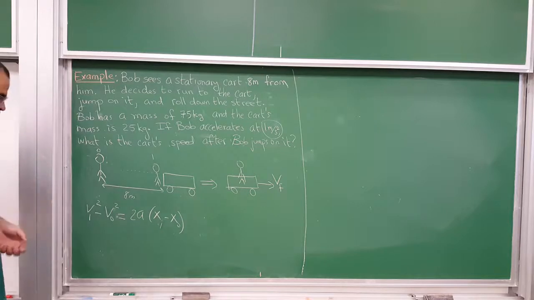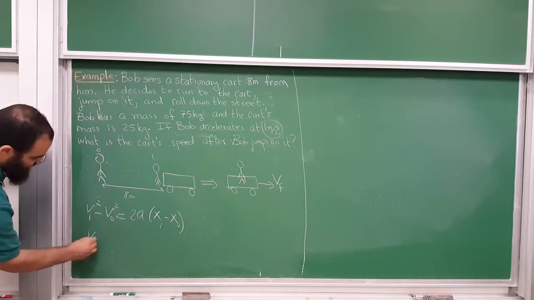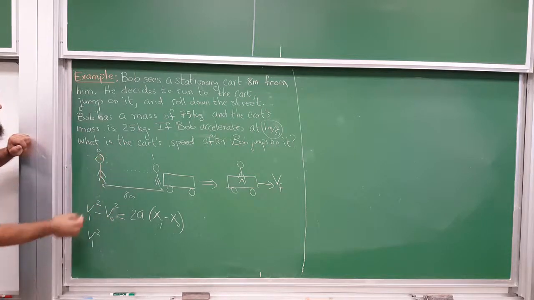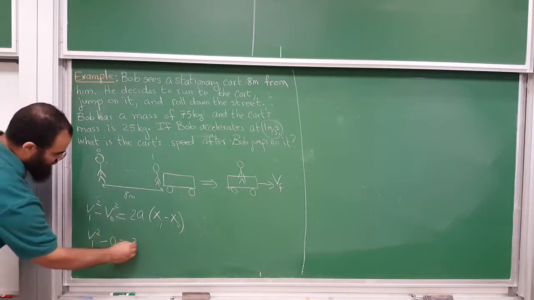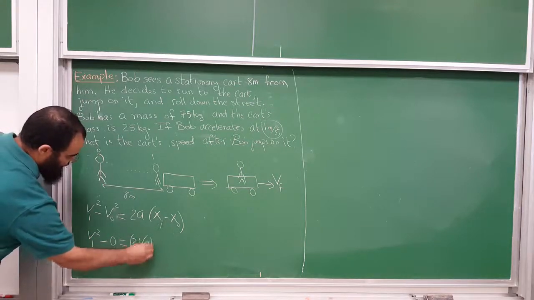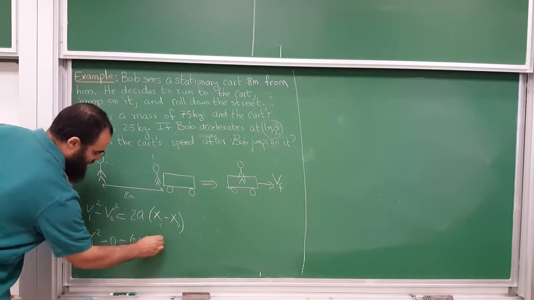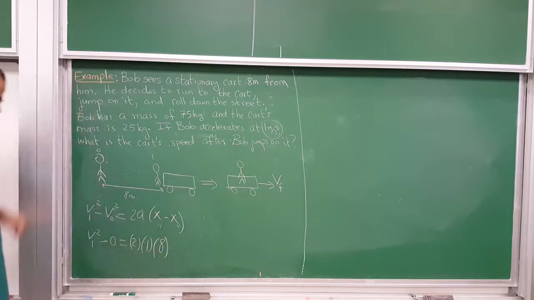I'm just using kinematics. And so I want his speed there, v1 squared. His initial speed when he initially saw the cart was 0, since he was not moving. Equals 2 times the acceleration, which is 1 meter per second squared, times x final minus x initial, and the cart is 8 meters away from him.